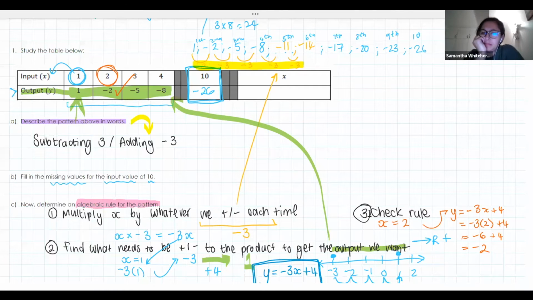Yeah. Okay. So, ma'am, I said 2 negative. Should I put the -3 in brackets? Yes. Okay, 2 negative. So it's 2 times -3 plus 4. Oh, ma'am, now I get it. I was not multiplying.